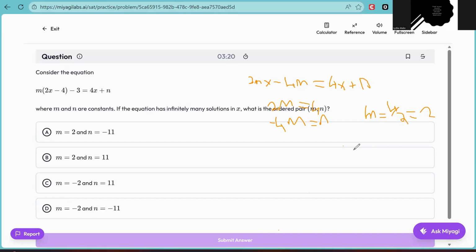But okay, so I got m equals 2. And then if I did negative 4 times 2, it would equal n, which would give me negative 8 equals n. So my ordered pair from what I have is 2, negative 8.